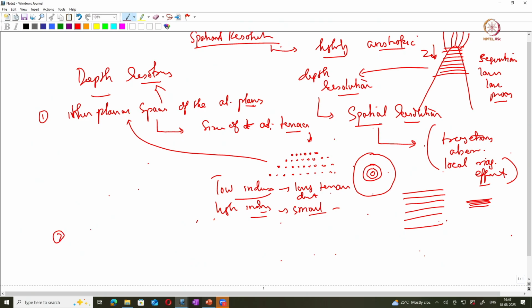The second factor is temperature. As you know, field evaporation is a thermally activated process. So the probability of field evaporation at that particular instant depends upon the temperature.